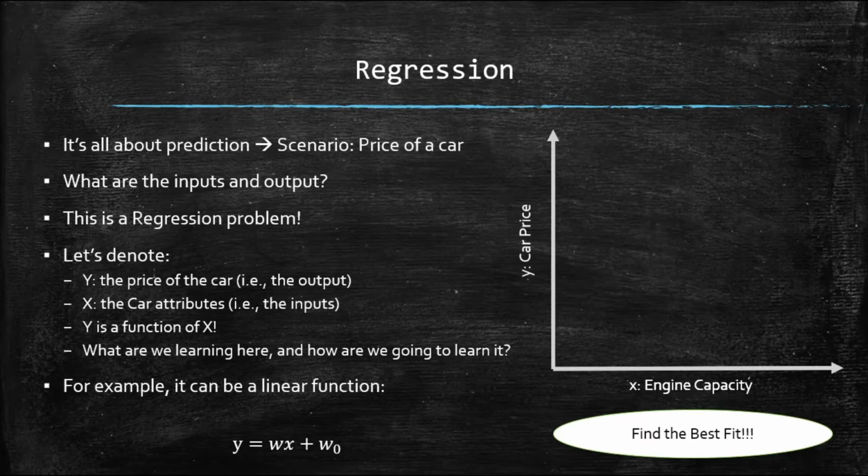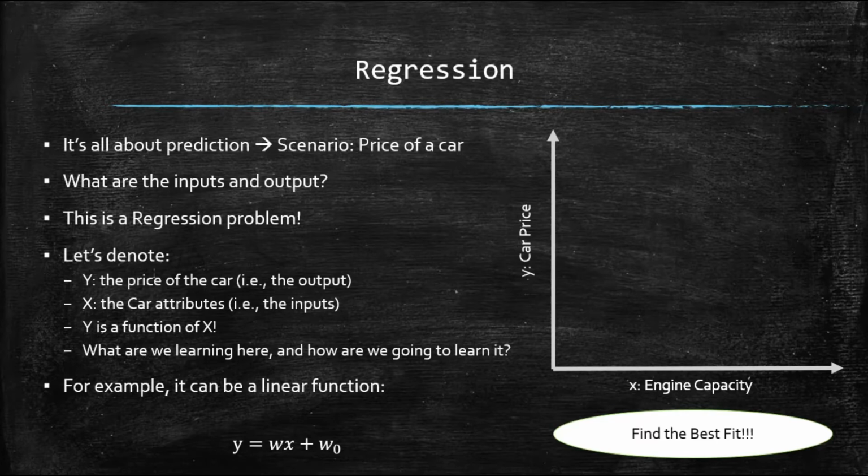Now, any such problem where the output is an actual number, and usually it could be any number, like 12.5, 12.39, 1000, whatever number you can think of. Whenever the output is an actual number, we're dealing with a regression problem whenever we want to predict that number.